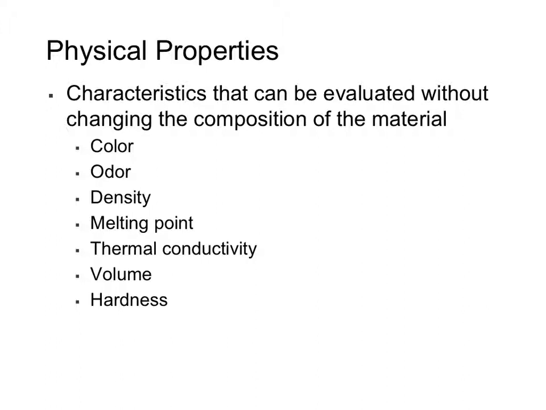If we want to know what temperature water boils at, we can boil it, find that temperature, let it cool back down, it will become a liquid again, and it's still H2O. It hasn't actually changed its composition. We can find the density of any material by simply finding the mass and the volume of a sample of that material. Doing so does not change the composition, does not change the chemical formula of the compound that we're investigating.